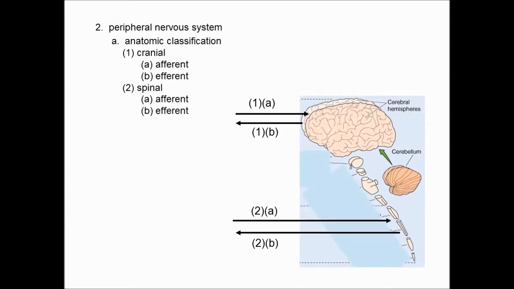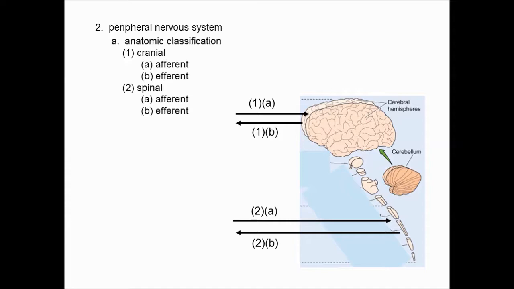The peripheral nervous system, in contrast to the central, can also be looked at as anatomically divided into cranial and spinal portions. The cranial nerves originate from and return through a foramen in the skull, whereas the spinal nerves come through the intervertebral foramen, both outward for motor and inward from sensory devices.